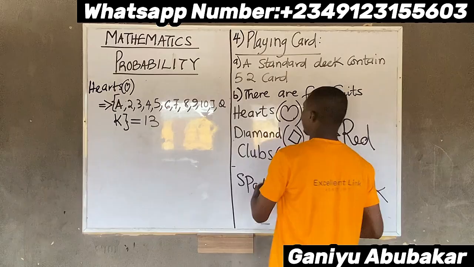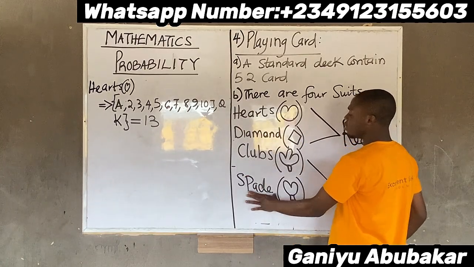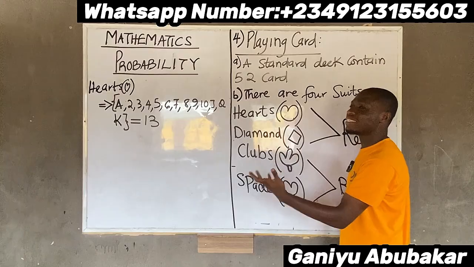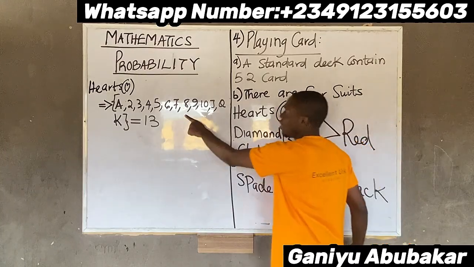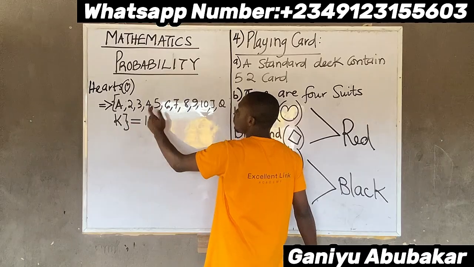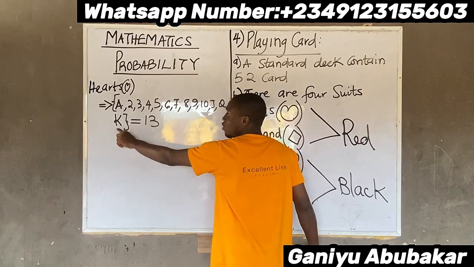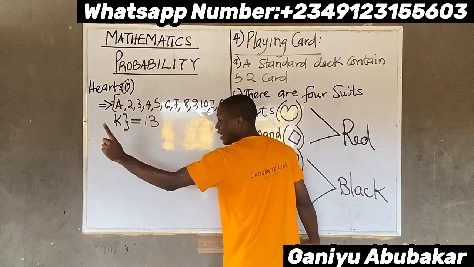So we said heart is 13, diamond is 13, club is 13, spade is 13. What made them 13? This is it here: A, 2, 3, 4, 5, 6, 7, 8, 9, 10, then J, Q, K. All these are cards.